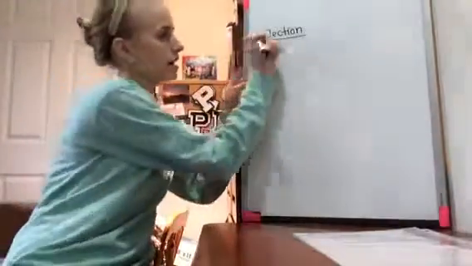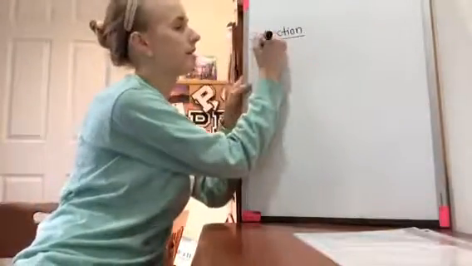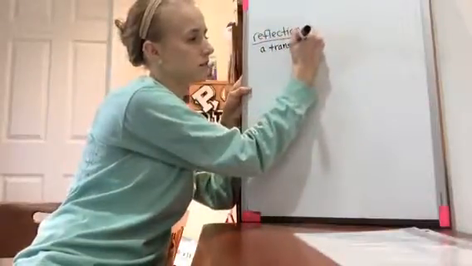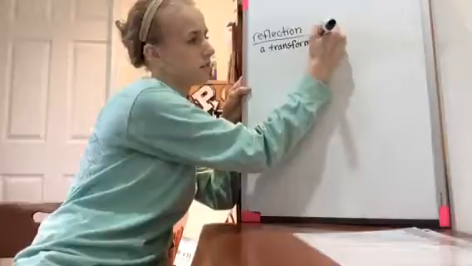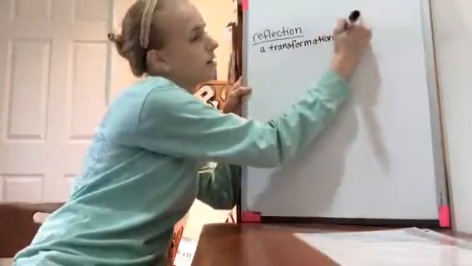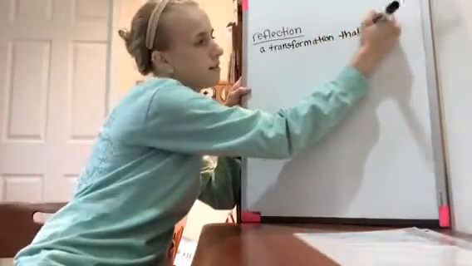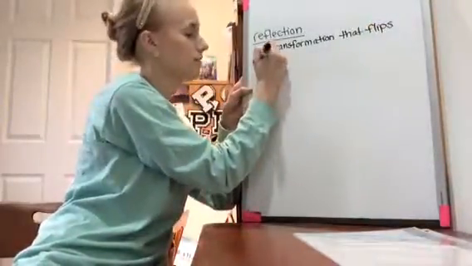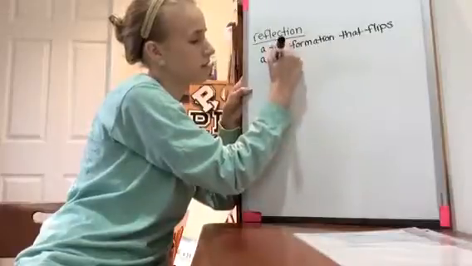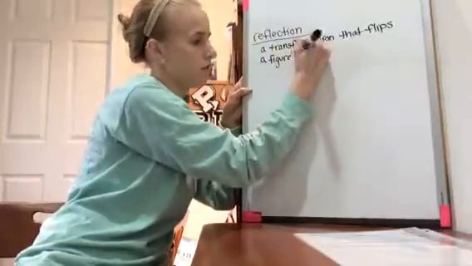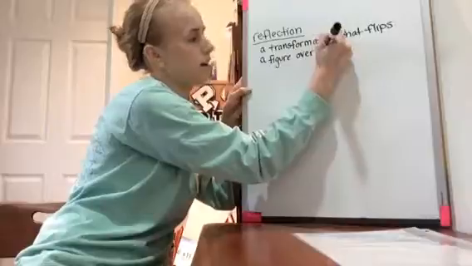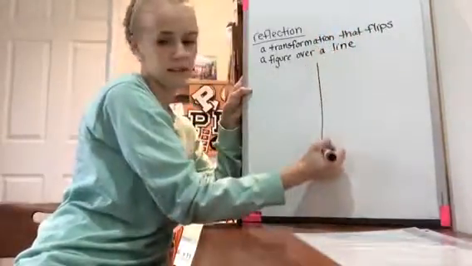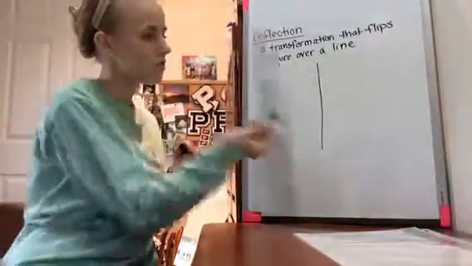And like I've been saying, it's a transformation that flips a figure over a line. Okay? So imagine I had this line here and I had this ruler.